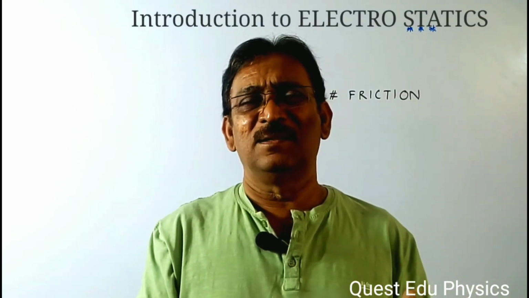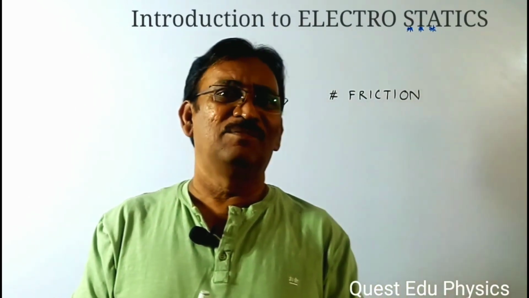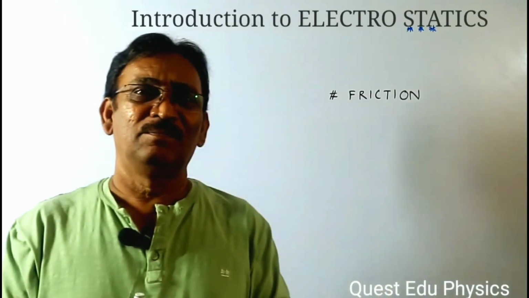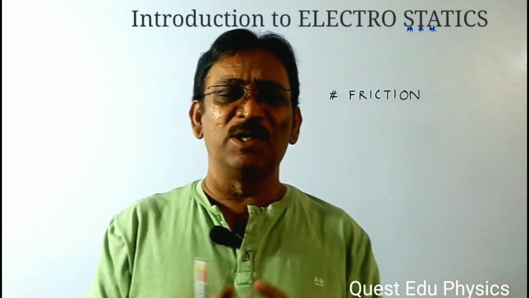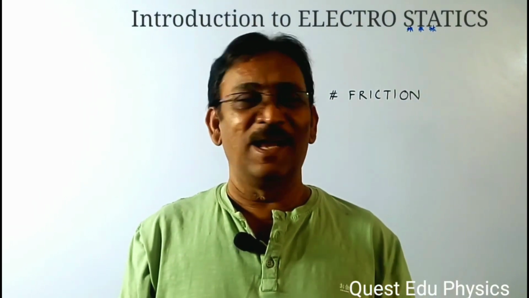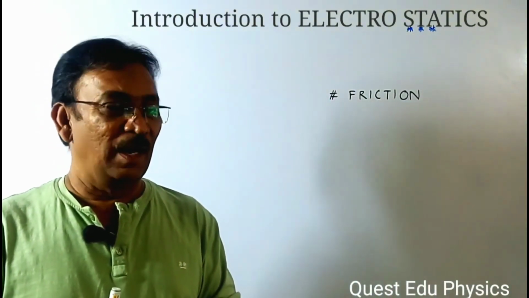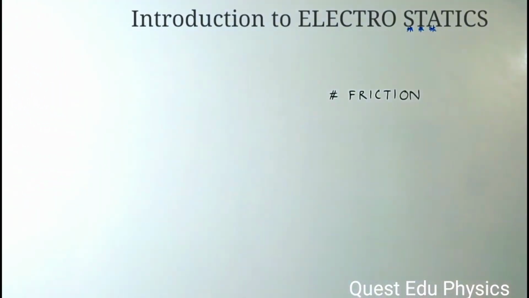With that we can say charge shows the property of repulsion and also the property of attraction. We can come to a conclusion that like charges repel and unlike charges attract.